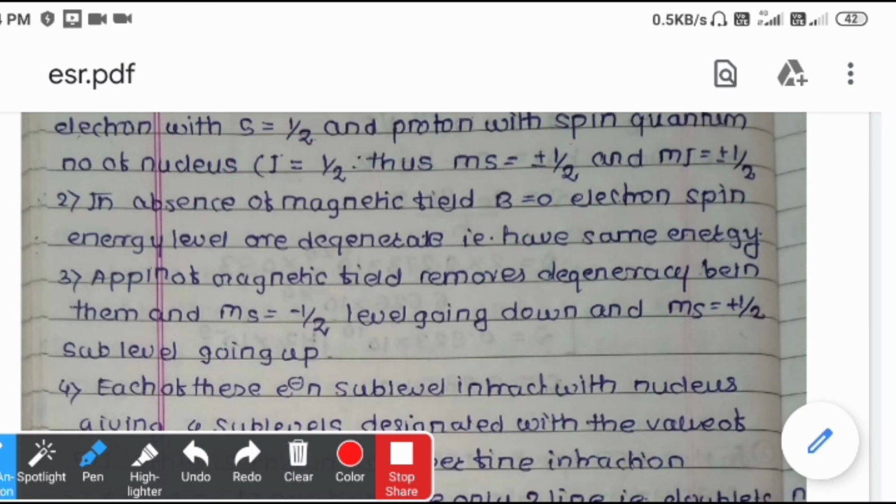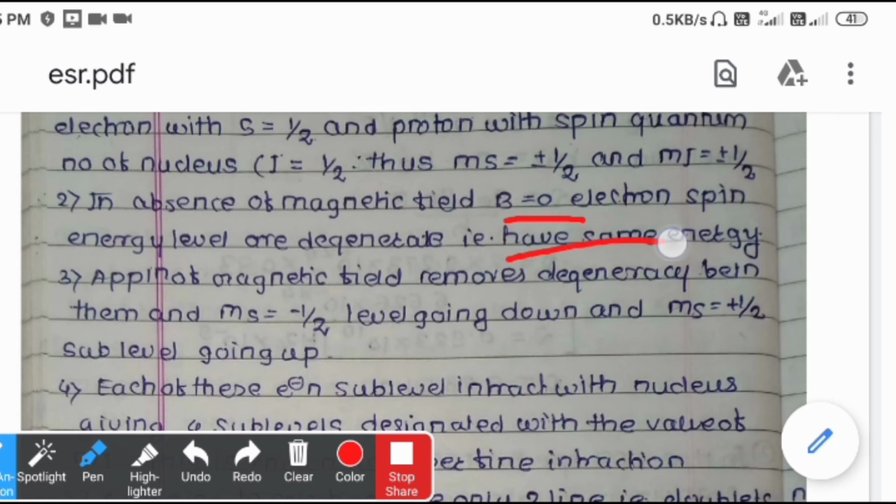The ms values, the spin magnetic quantum numbers, will be plus or minus 1 by 2, and similarly mi values will again be plus or minus 1 by 2. So we get four values in total: ms equals plus 1 by 2 and minus 1 by 2, mi equals plus 1 by 2 and minus 1 by 2. In the absence of an external magnetic field, that is B equals 0, the electron spin energy levels are in a degenerate state, as we have seen in the principle.